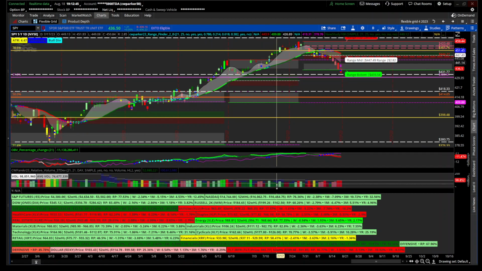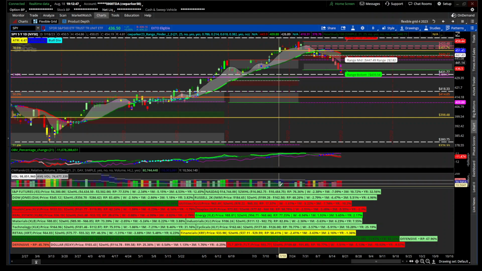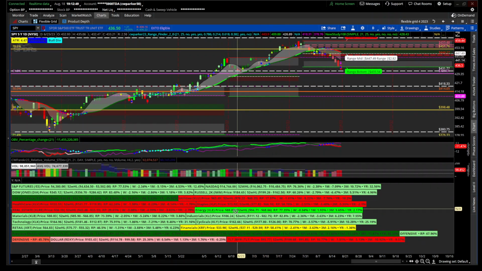The sector rotation labels are telling you that energy looks like the best spot to be in right now. Utilities are red, staples, healthcare, real estate. S&P 500 is pulling back.